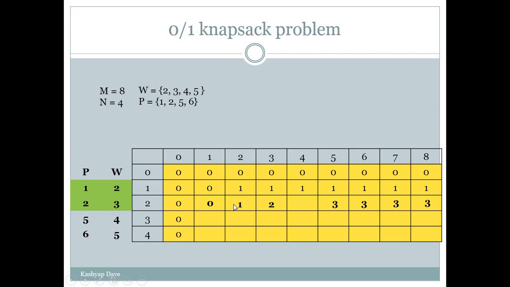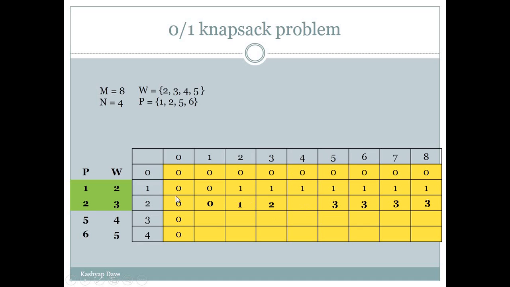Okay, this 0 and 1 come from the above line. Why? Because if we include this 3, then our weight will be 3. Before that our weight was only 2, so for weights 1 and 2 we can get values from the above line. Okay, now the question is for 4.